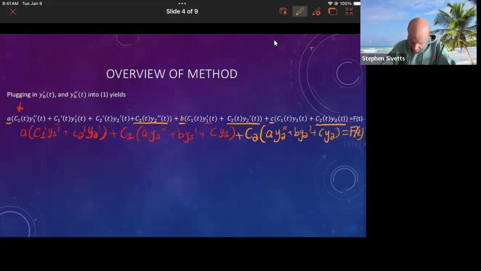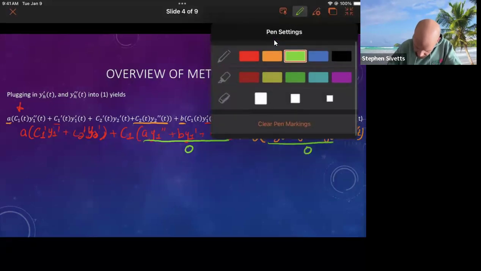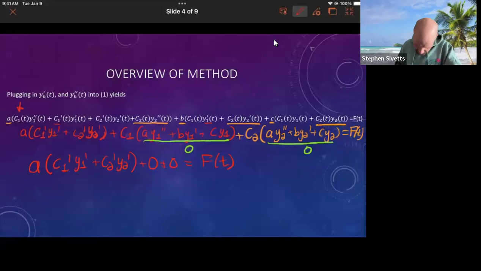So what that means is this quantity right here has to be 0, and also this quantity right here has to be 0. Okay, so what's left over is the first term, a times c1 prime y1 prime plus c2 prime y2 prime, plus 0, equals capital F of t, right?